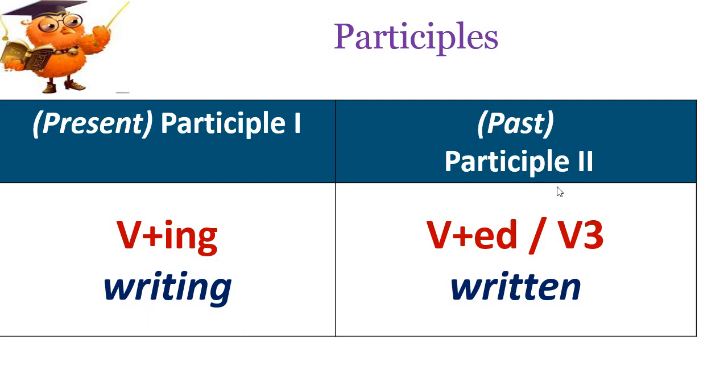And participle 2 is sometimes called past participle. To form past participle, we use the regular form with the ed ending, or we can use irregular verbs in the third form, for example, written.